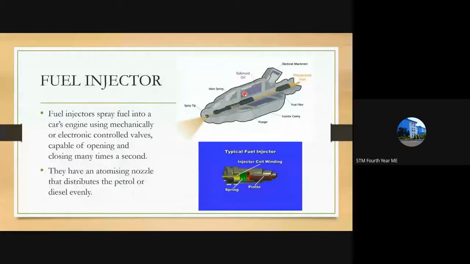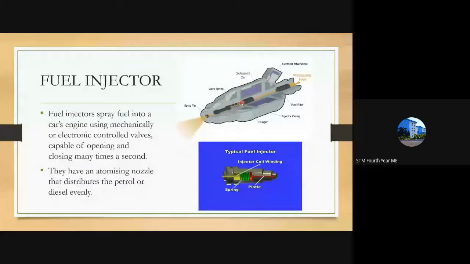And here also, when the solenoid is in the off condition, this part of the injector will be present here, which does not allow the passage of fuel. But when the solenoid is turned on, or when the electromagnet is turned on, this part is a metallic part and it will be attracted to the electromagnet.